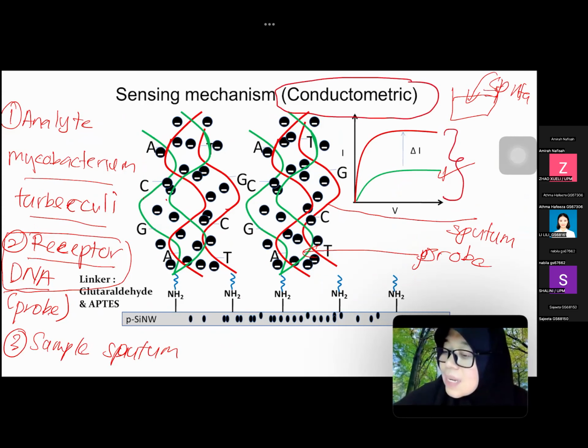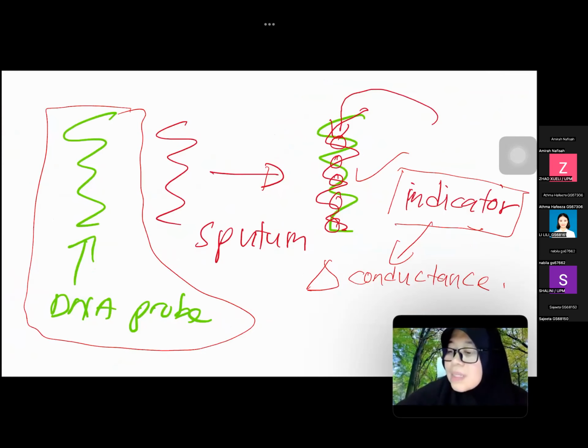You can see that after the interaction, there is a change in the reading. Okay, so here the change is translated into a current. The reading here results from the interaction between these, plus the indicator.